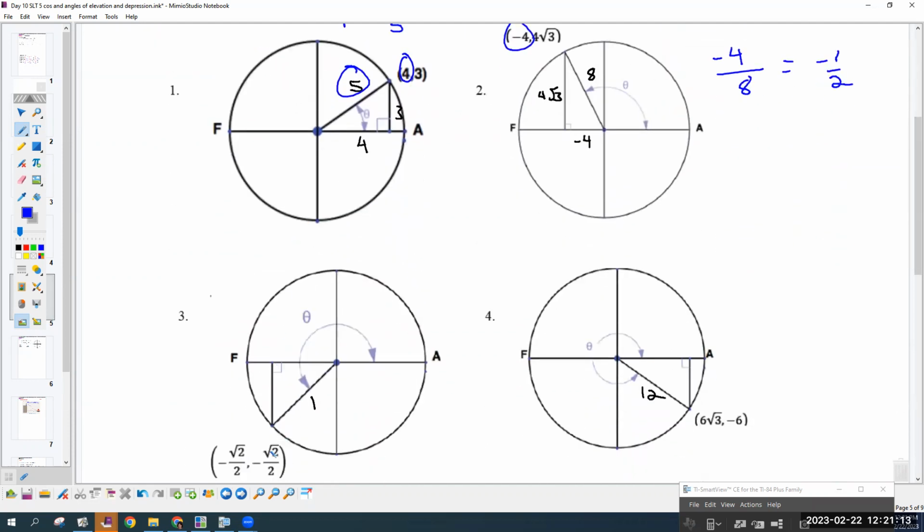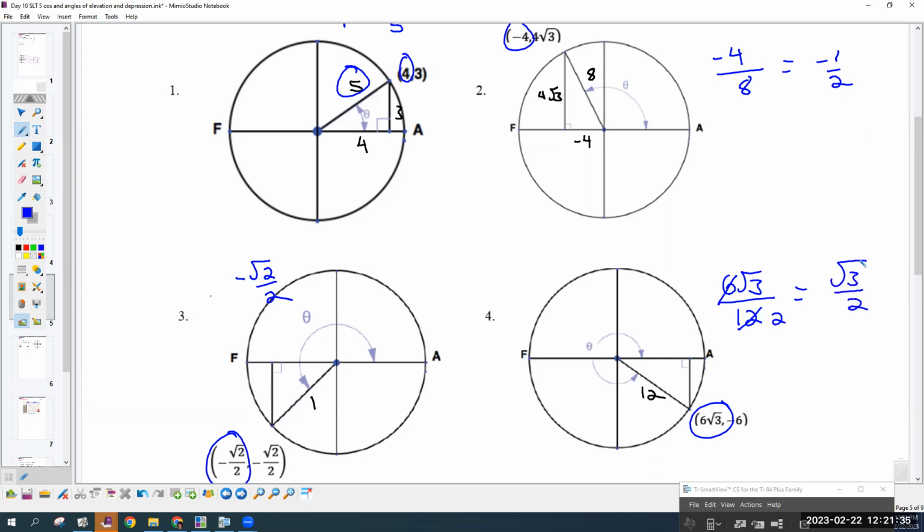Number 3, x is -√2/2, and r is 1. Well, anything divided by 1 is itself. Number 4, x is 6√3, r is 12, and I can reduce these. So I get √3/2.